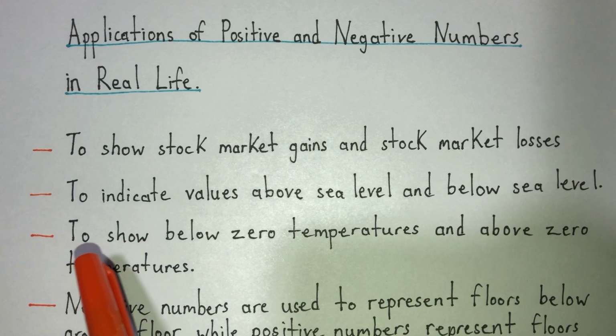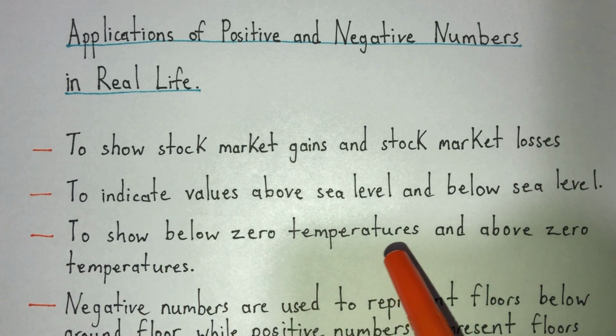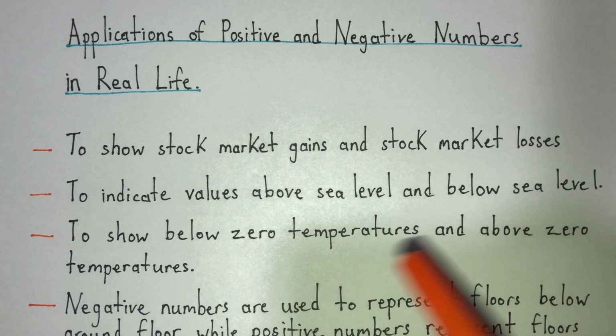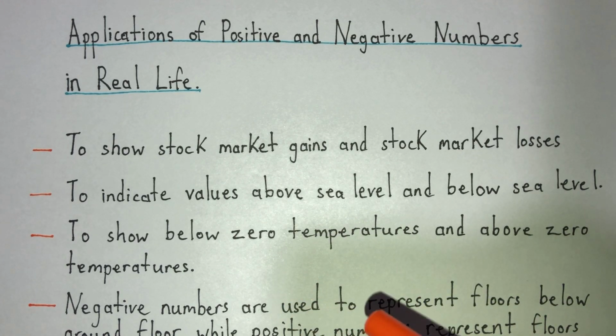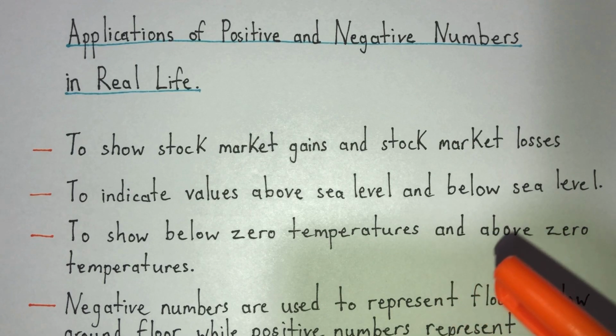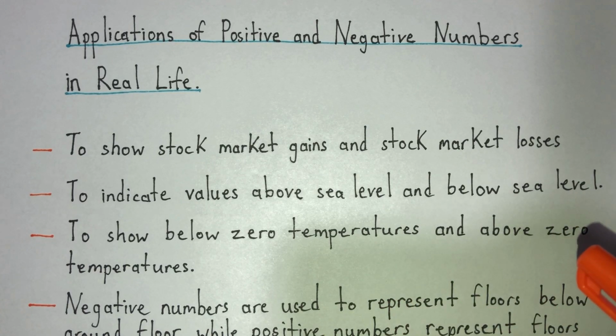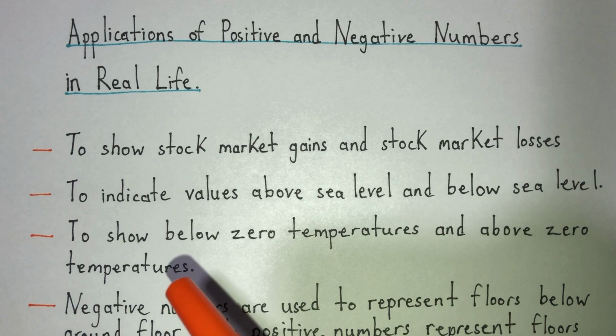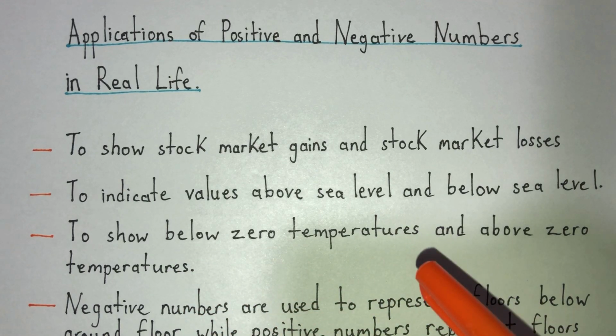They are also used to show below zero temperatures and above zero temperatures. So a negative value, negative 4 degrees Celsius, means the temperature is 4 degrees below zero, while 4 degrees Celsius would mean that the value is above zero.